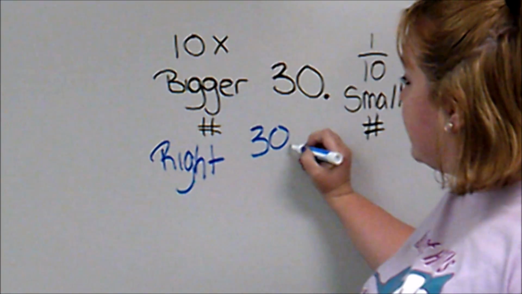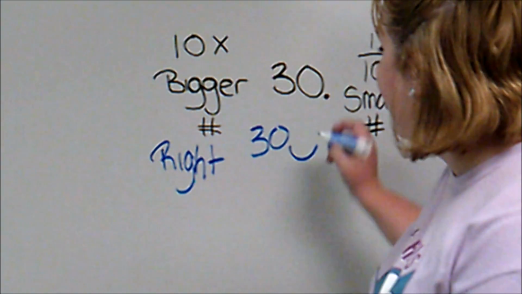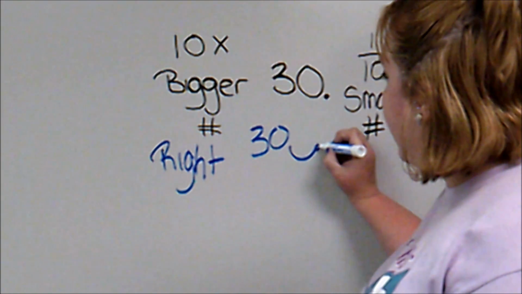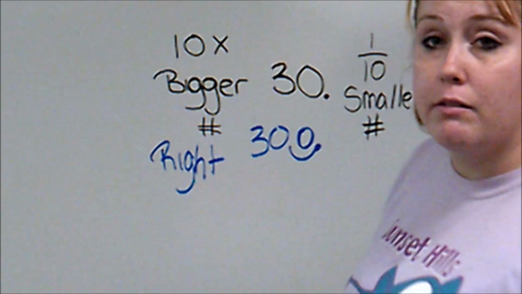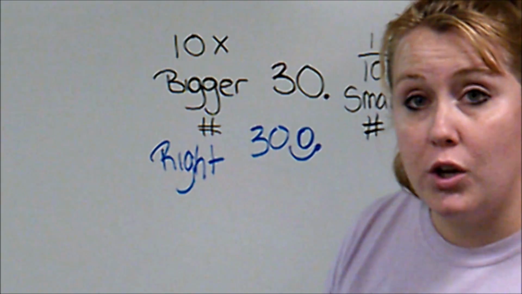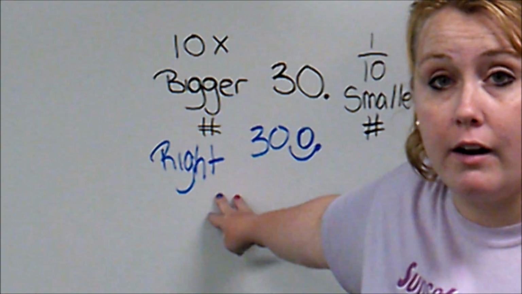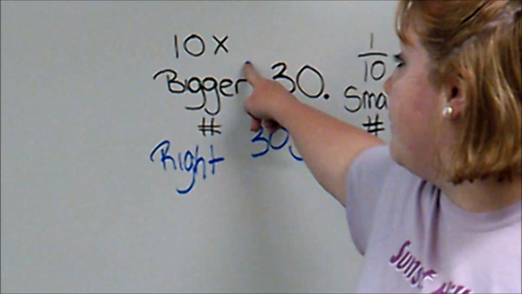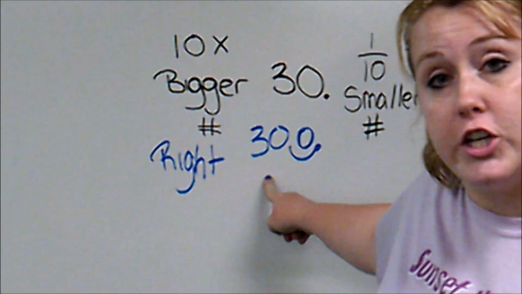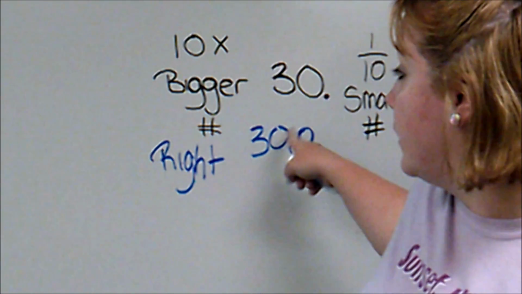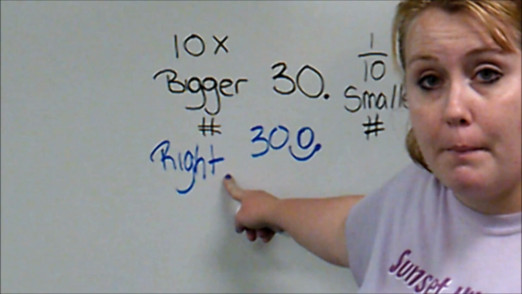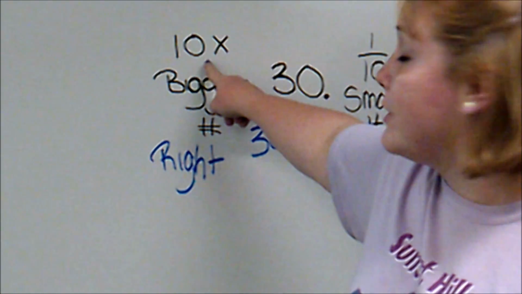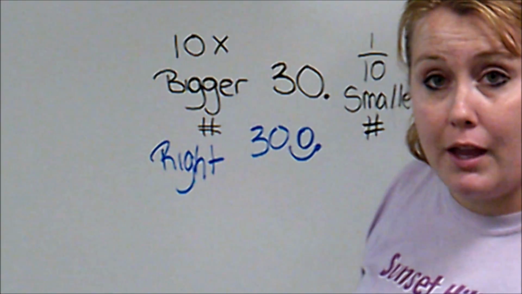I take my invisible decimal and I bump it once. With that, I now have my decimal here, and I fill it in with a 0. So according to our rules that we have over here, 10 times a number gives me a bigger number. Well, 300 is definitely bigger than 30. And I move my decimal to the right one place value for every 0 that it is asking me in my problem.